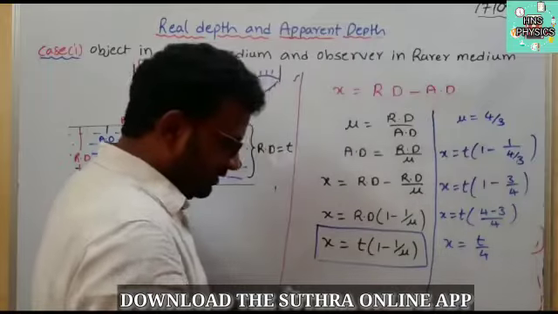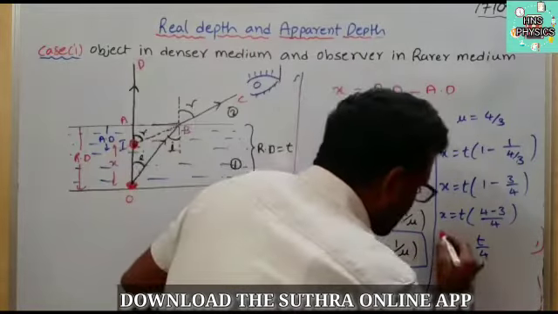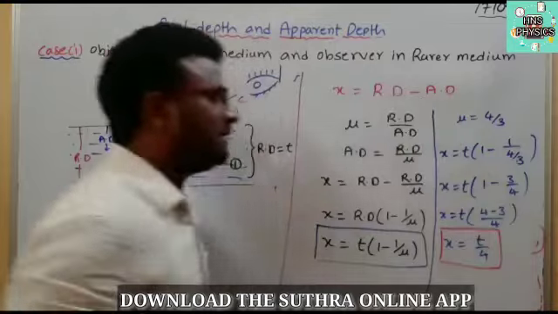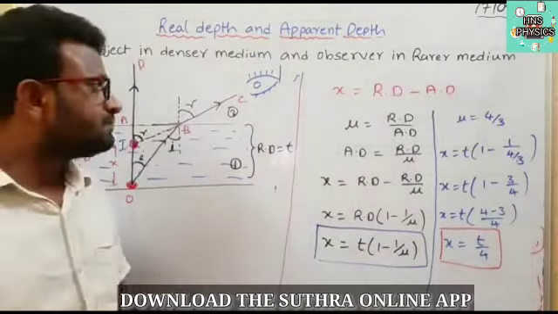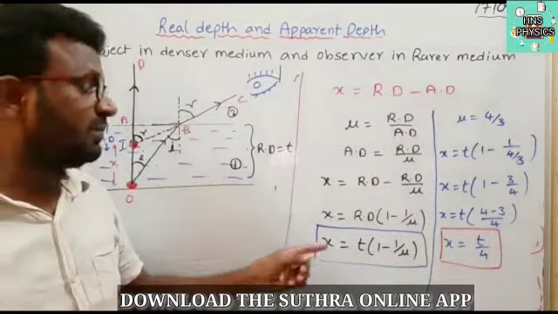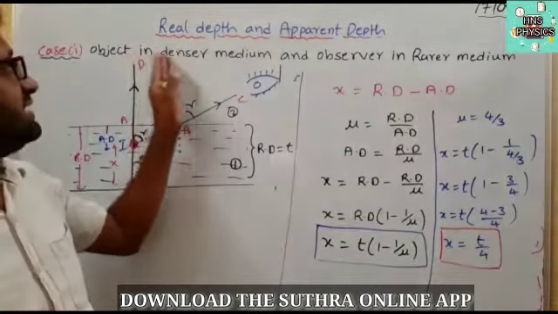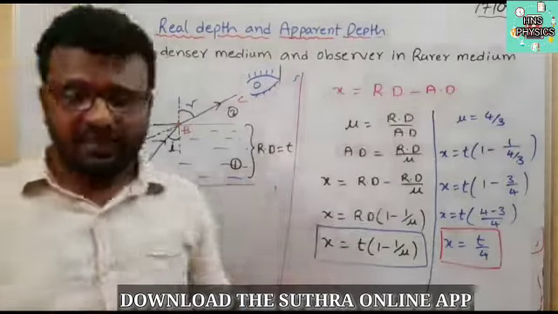So like this also you will get the formula. This is the apparent shift formula when the object is in a denser medium and the observer is in a rarer medium.